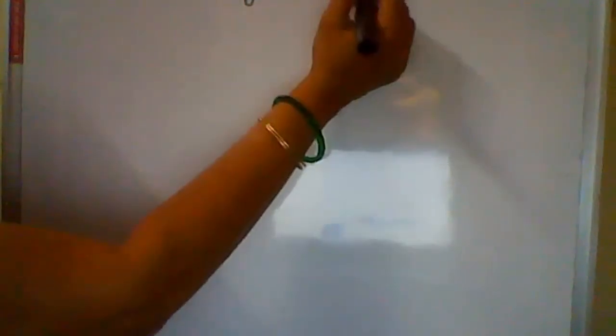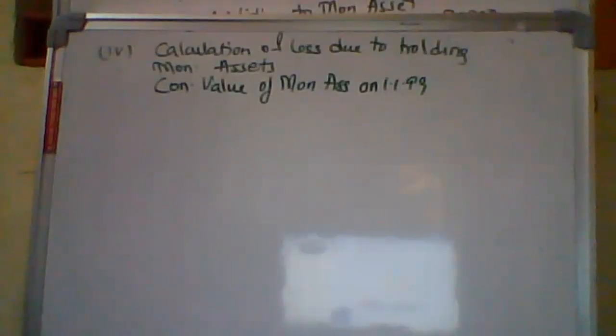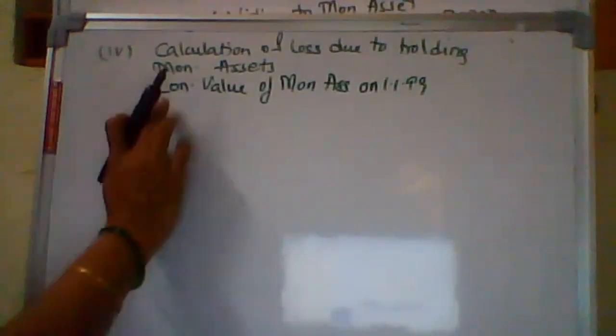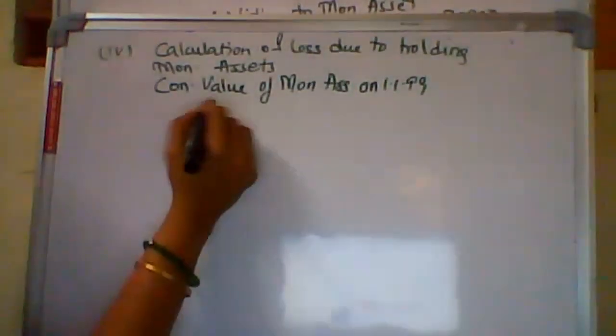Now how do I calculate the loss? First, converted value of monetary assets on... Now I'm calculating the loss which is there due to holding. So, converted value of monetary assets as on 1/1/1999.